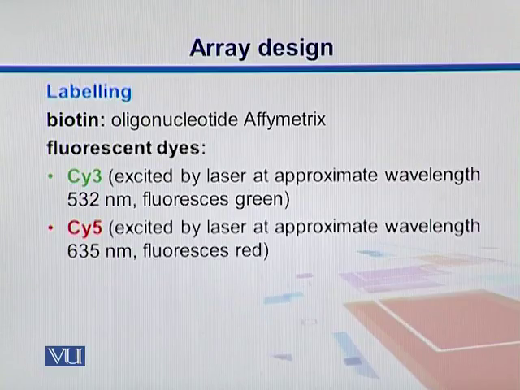Whereas the fluorescent dyes used in glass-based microarrays are Cy3, which is excited by laser at a wavelength of 532 nanometers and gives a green fluorescence. Sometimes it's also called dye 532. Cy5 is also known as 635, where it is excited at a wavelength of 635 nanometers, so it fluoresces red.